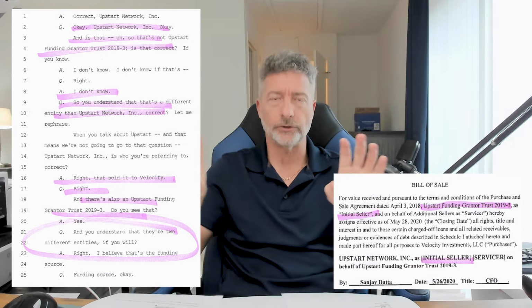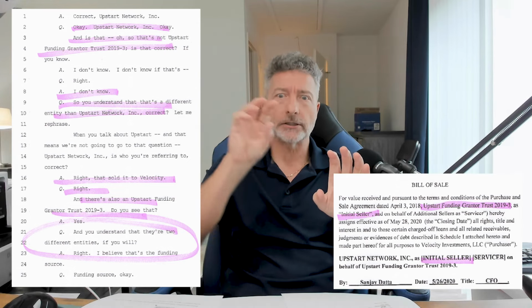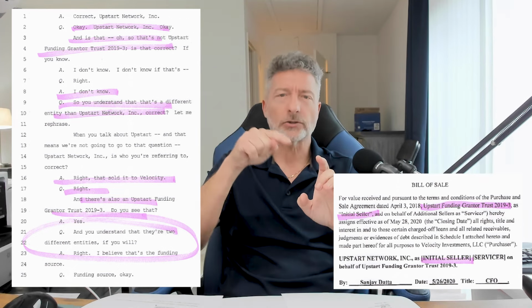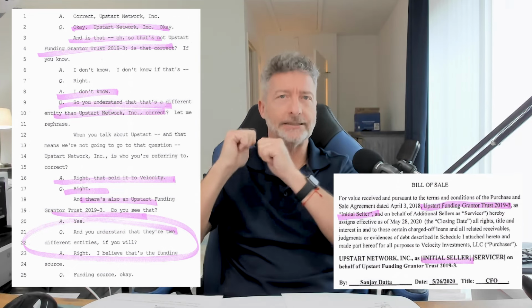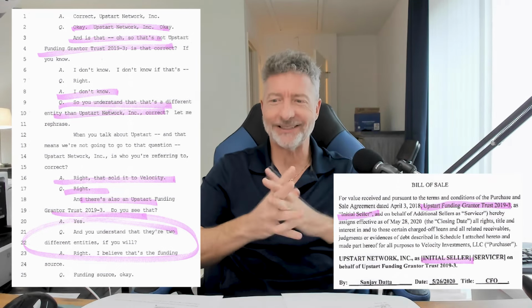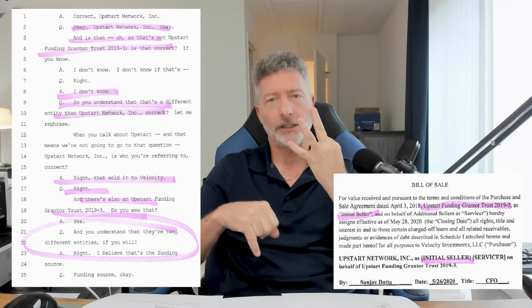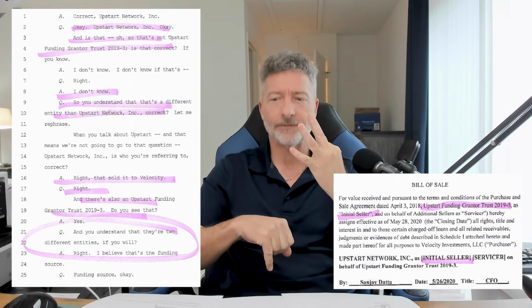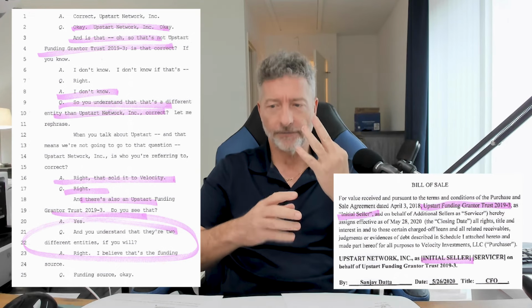And it's important that you do this because a lot of times what Velocity will do, they'll say Upstart gave us the thing without even saying Upstart Network, because they're trying to imply to the court that Upstart, this weird sounding trust, gave it, because then it fits with the bill of sale. So this is what they do. So you understand that they're two different entities. So that's the third admission we got from her when she says, right, I believe that's the funding source. So she admits the two entities are different, the funding source.